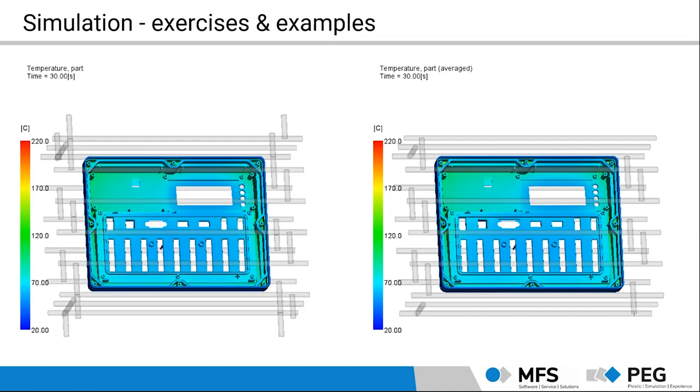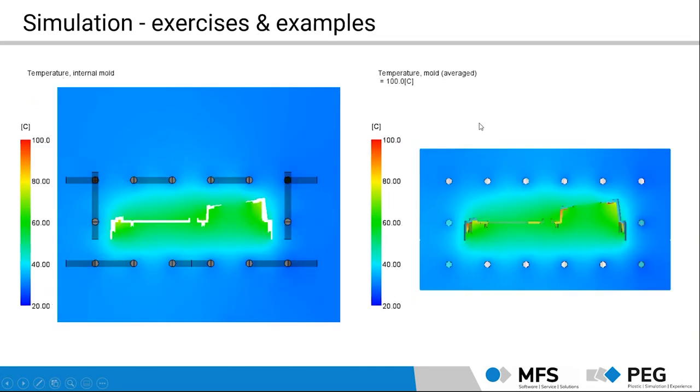But some other results look different, or maybe have different names. For the Cool BEM method, we do not have a temperature mold result where we see the mold itself. The result is available, but it is shown on the surface of the part.